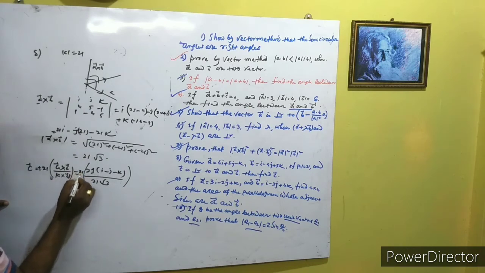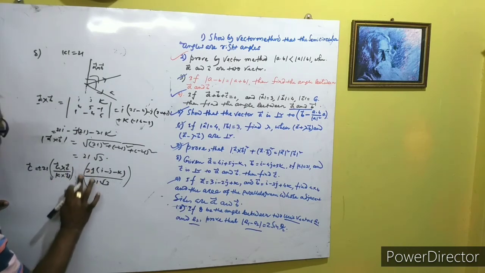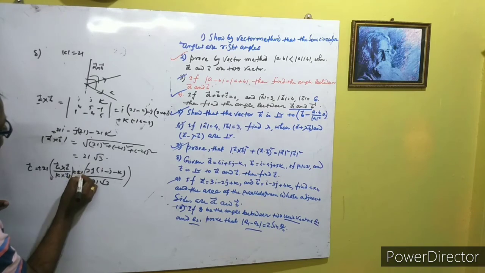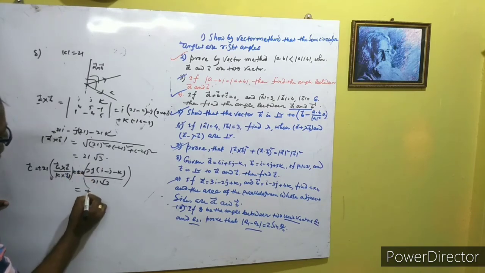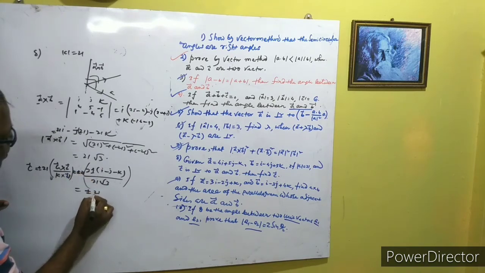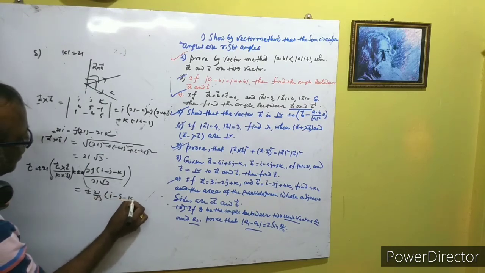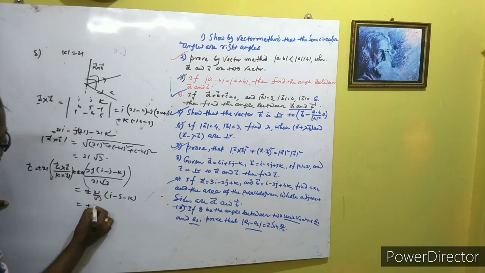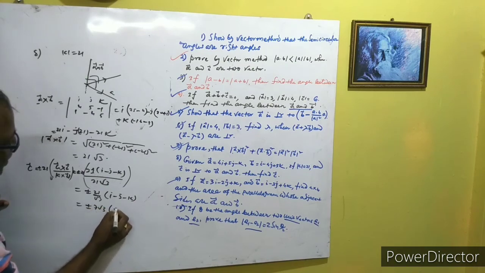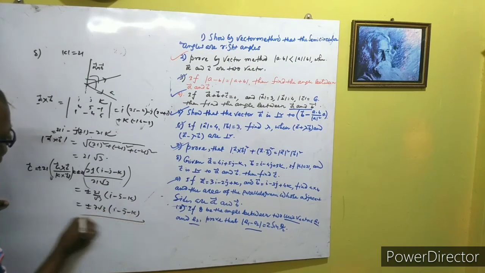So plus minus 21 by root 3 times I minus J minus K, that is plus minus 7 root 3 times I minus J minus K, which is the vector perpendicular to both A and B.